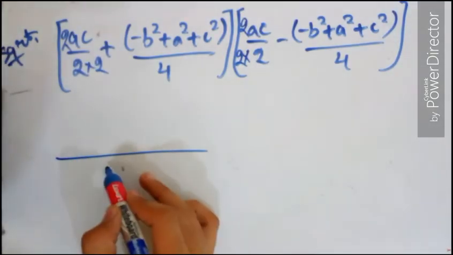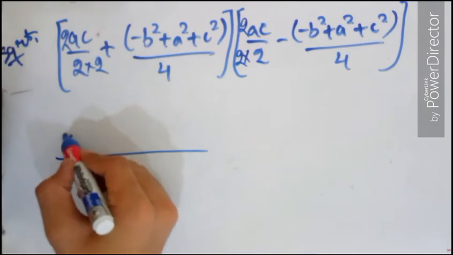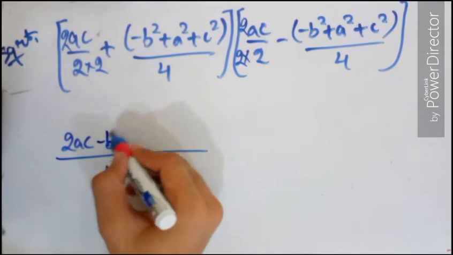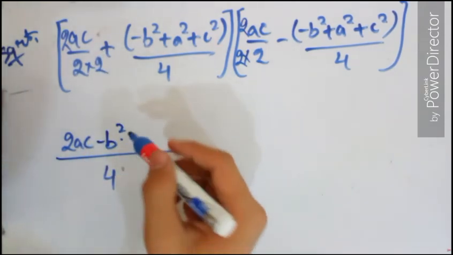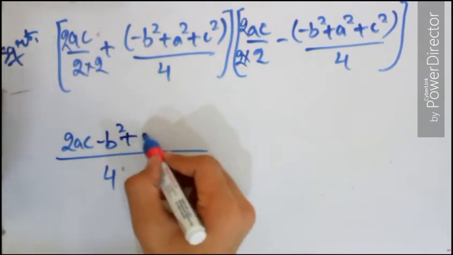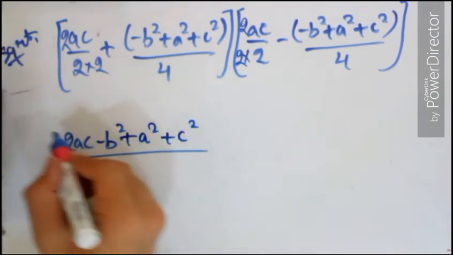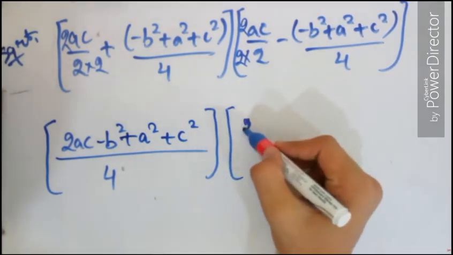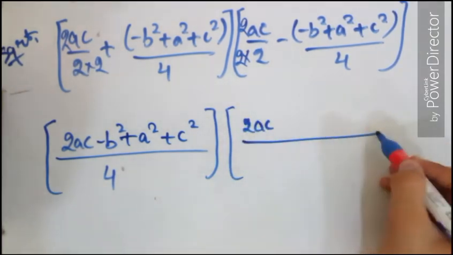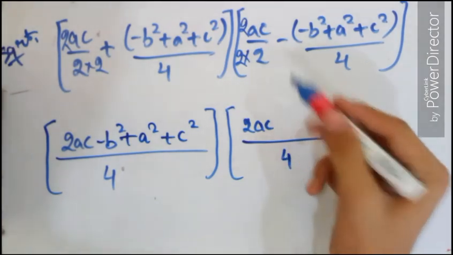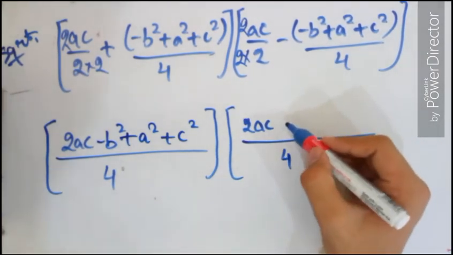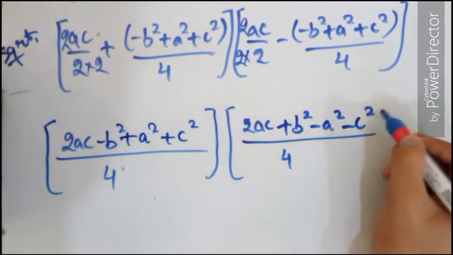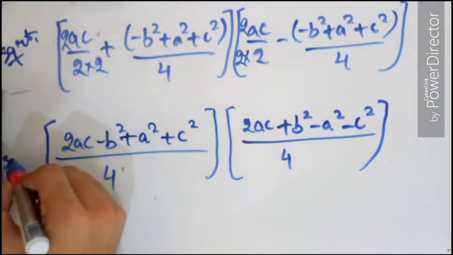So here we get 2ac upon 4, and if we open the bracket we get minus B squared, because we have the positive sign here, the signs will remain the same, plus A squared plus C squared, and this as 2ac, this whole upon 4, and since we have the minus sign, the signs inside the bracket will change, plus B squared minus A squared and minus C squared, this whole in the square root.